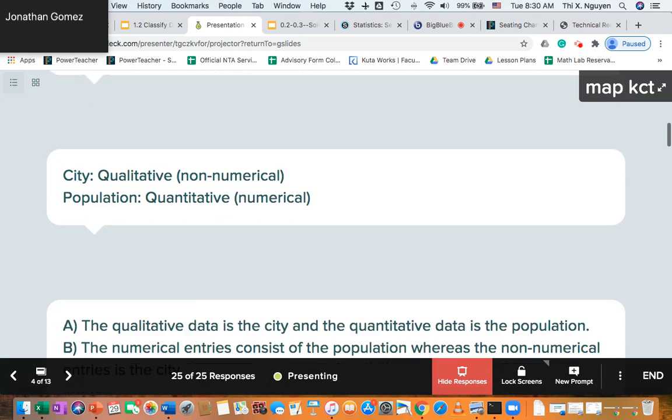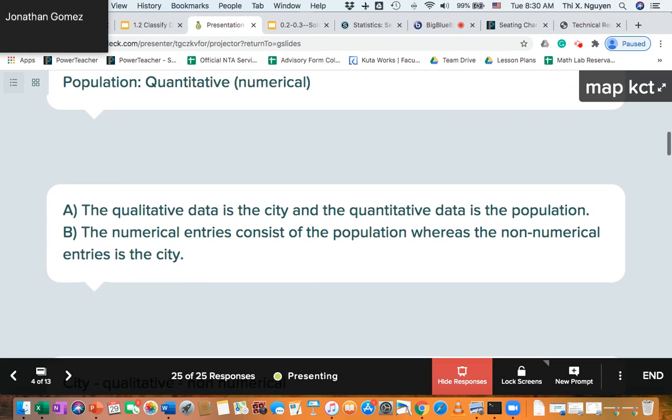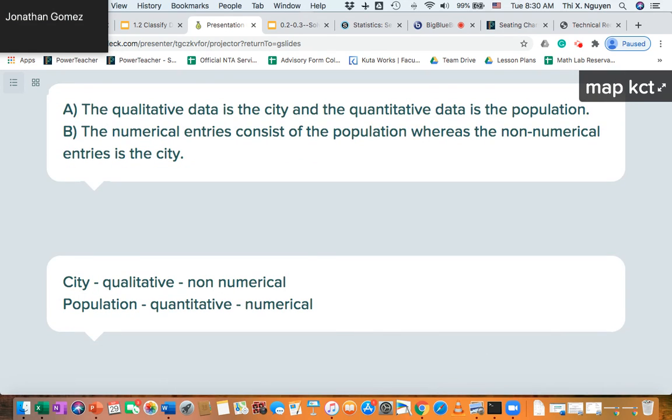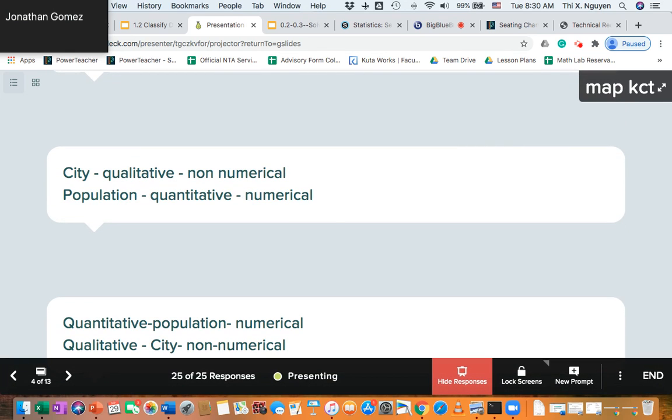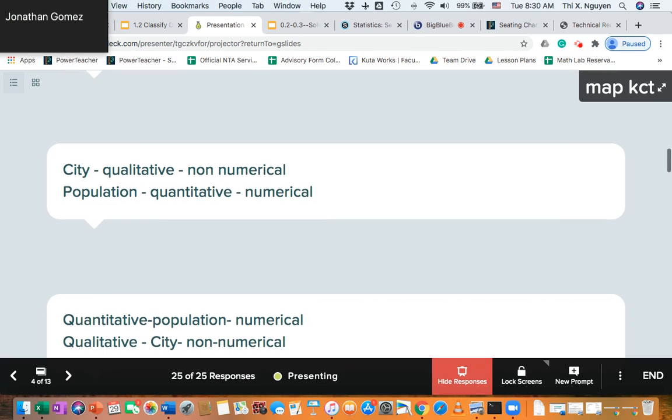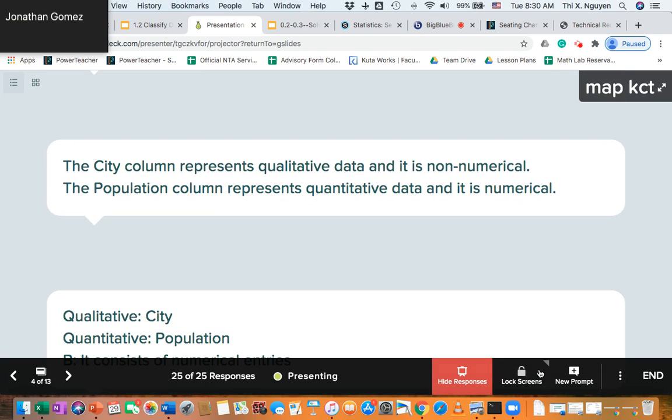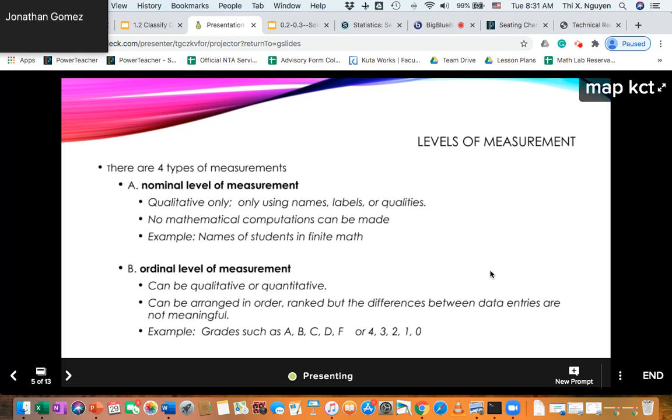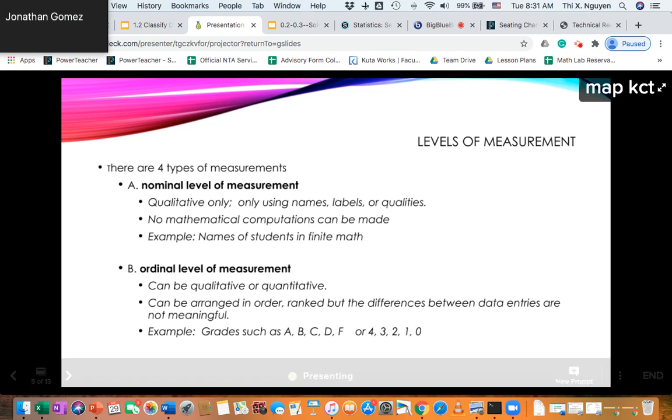So it seems that you guys are doing really good with this one. I think we are ready to move on to a new concept. Okay, that's good. Perfect. Now lock the screen. Move on. All right, so we have data. We talk about two types of data. One is qualitative, one is quantitative.